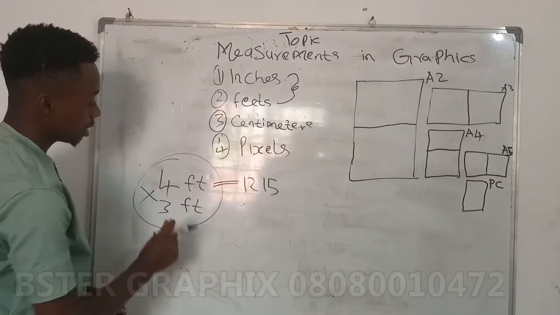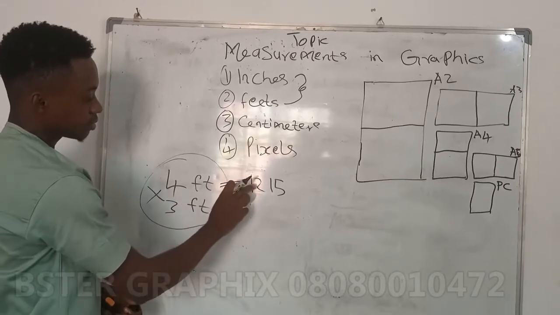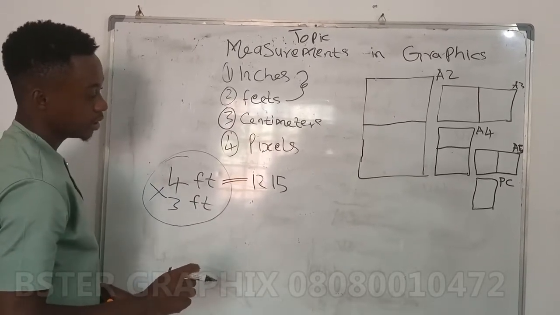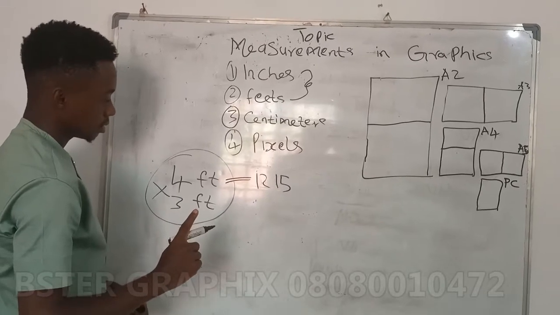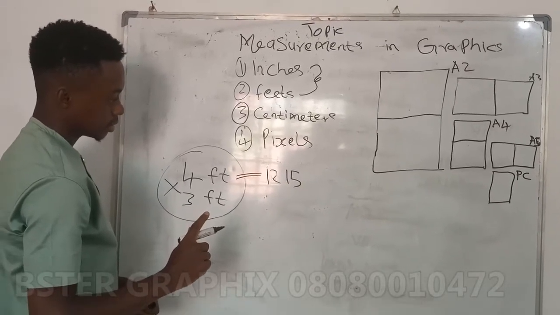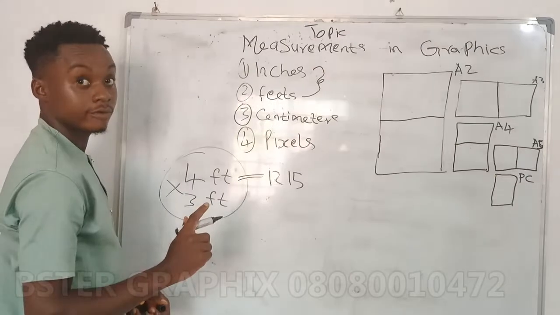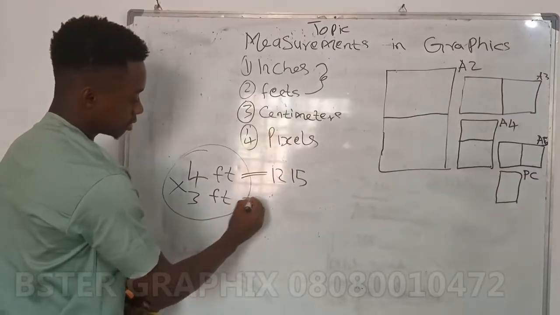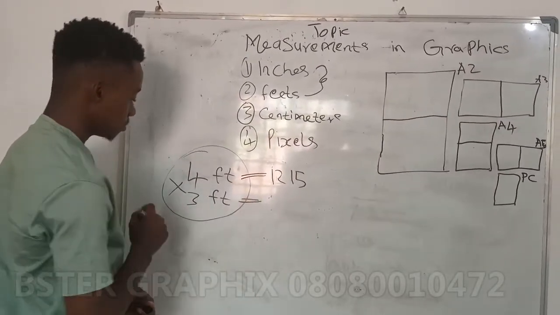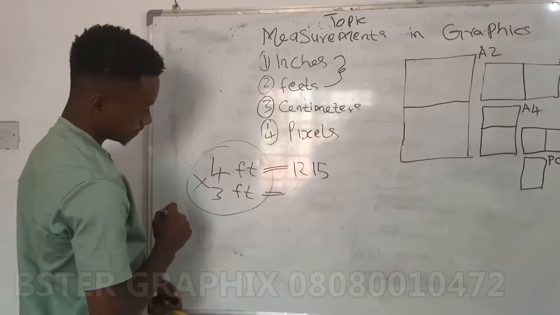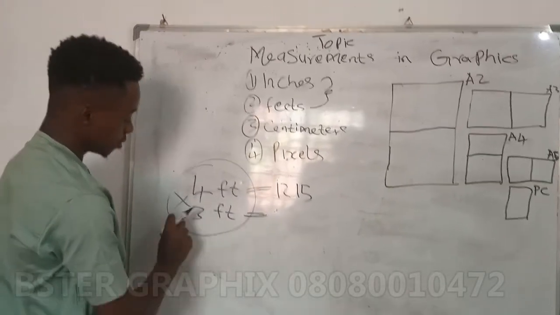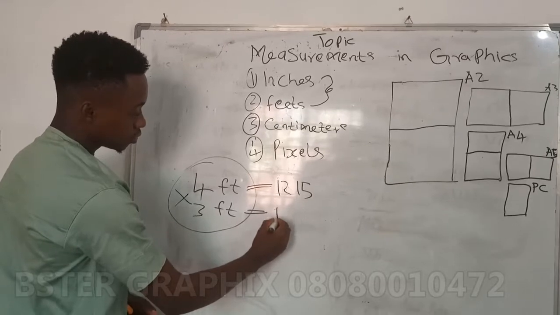You understand? So I will now say 4 times 12 should give me 36. Am I correct? 4 times 12. Okay, then it's not 36. Then this one should give me 48. Then this one I will times too.